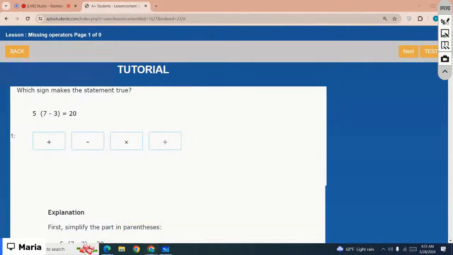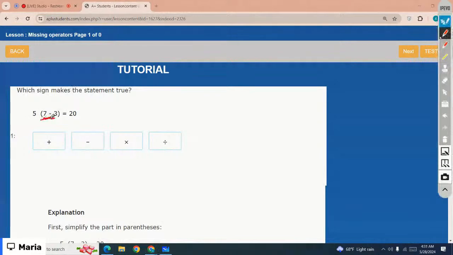So solve the parenthesis first. 7 minus 3 is 4. You have to see which operator you have to put here so that the answer is 20. Which is the correct option? 5 times 4 is 20. So that means the missing operator is multiplication, right?